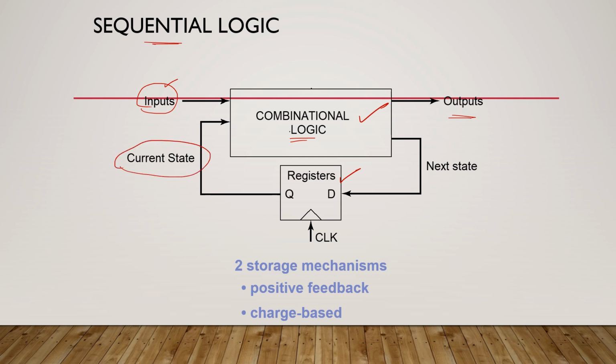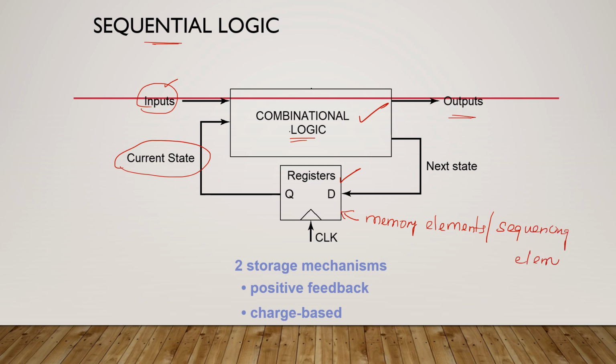If you want to store the present state, we need some memory elements. These memory elements are also called storage elements. They are not only used to store the data, they are also used to sequence the operation. That's why memory elements such as latches and flip-flops are also called sequencing elements.